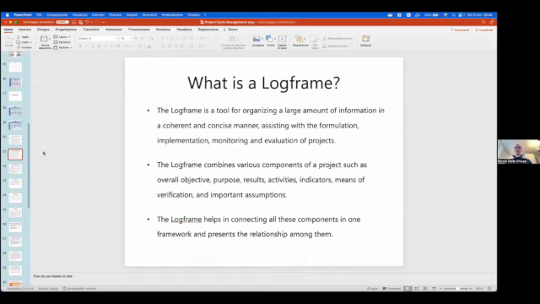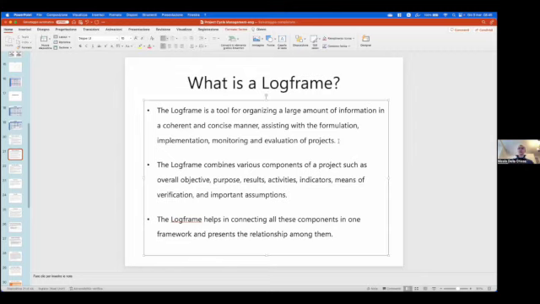So it's something that I think is very important for us to identify early in the process of preparing a project, because if we identify clearly all the elements of a logical framework, then we have the structure to be able to further develop the different components of and write the different parts of a project document.